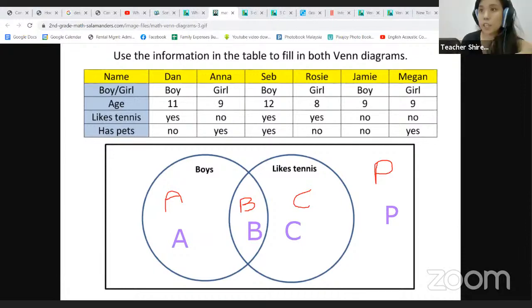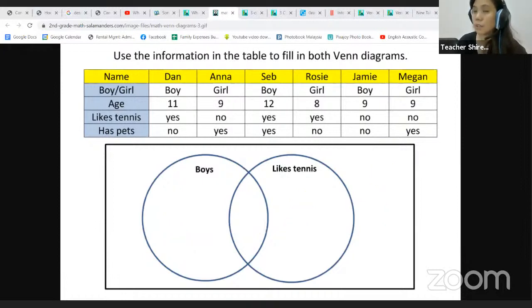Okay, shall we discuss? Okay, let's discuss, all right? Okay, let me erase everything. Okay, number one. This is a boy. Boy generally here, which likes tennis. Likes tennis is here.